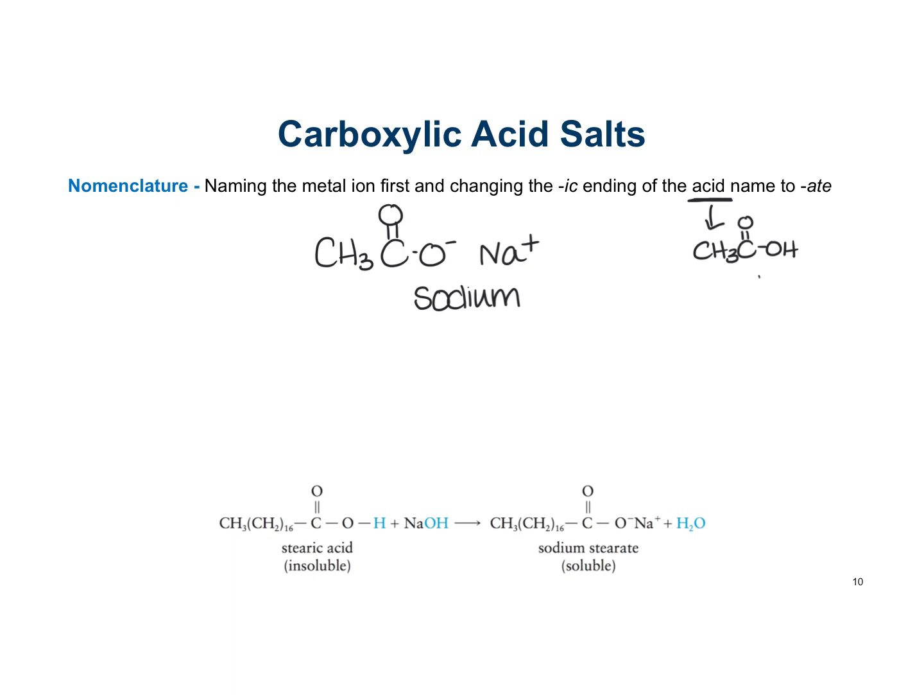It's got a common name, which is acetic acid, and then it has an IUPAC name, which is ethanoic acid. And so what you do is you drop the ic ending of the name, whichever one. So we're either going to drop the ic ending of the acetic acid or the ic ending of the ethanoic acid, and you add ate to it.